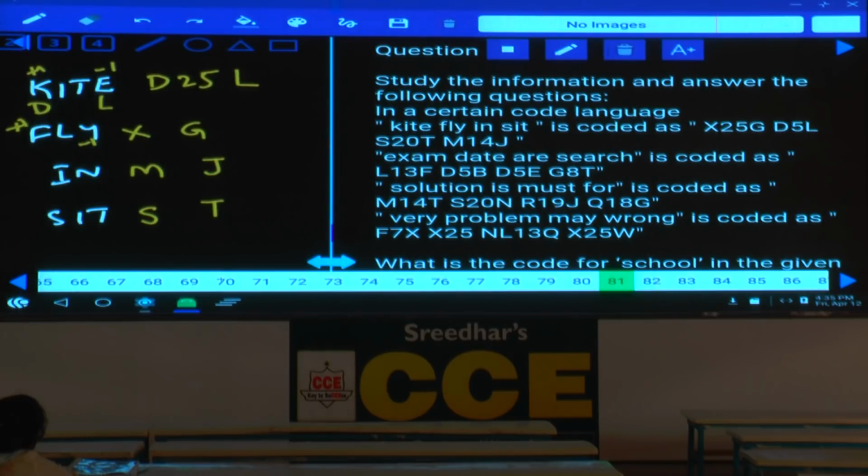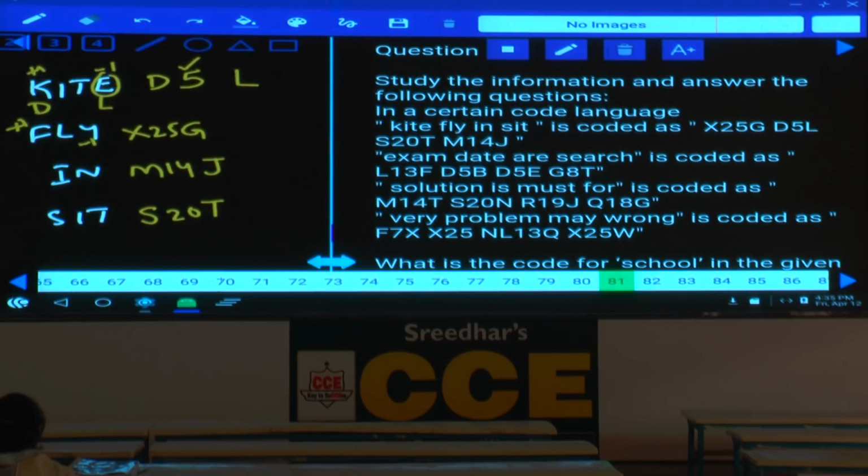The codes are D5L, X25G, M14J, and S20T. Now, sir, what is the value of E? E is 5.